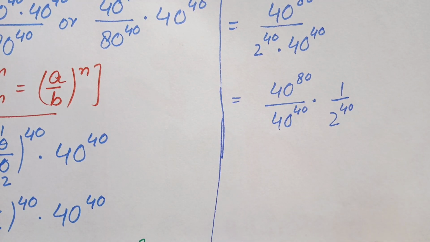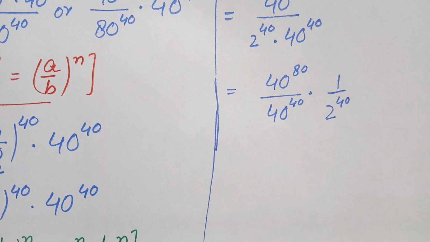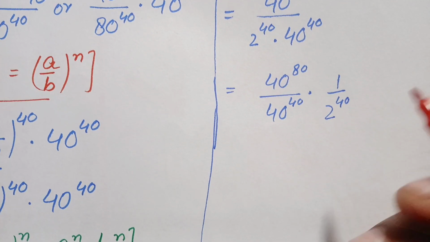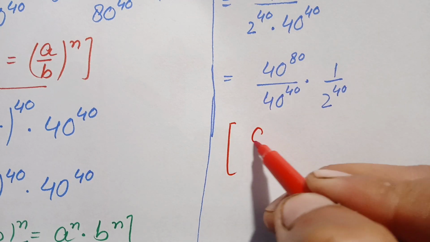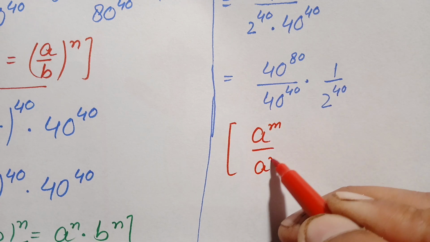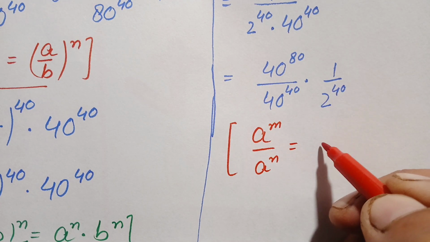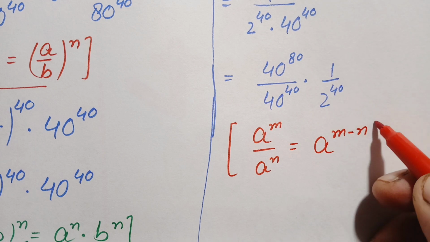Now look at both the numbers in the numerator and denominator. Both have the same base. So here we will use the same base exponential identity: a raised to power m divided by a raised to power n, which can also be written as a raised to power m minus n.